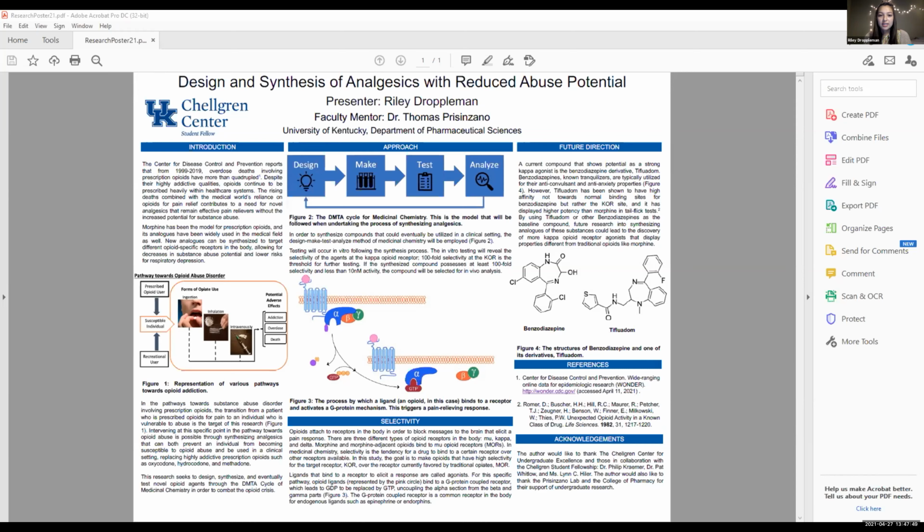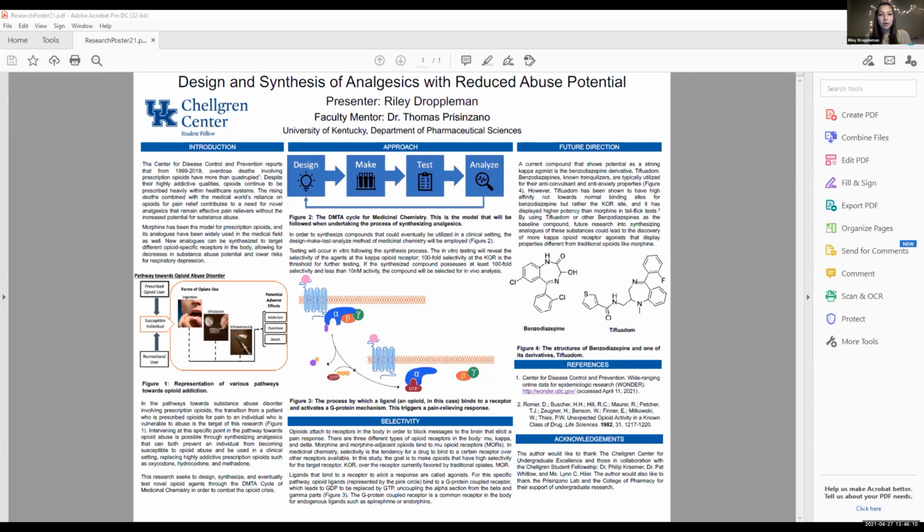And also it has higher risks for respiratory depression, which is what makes opioid use very fatal in some respects, because the heart rate slows down and you stop breathing. And that's how the rates of death have increased as a result of opioid use in America.